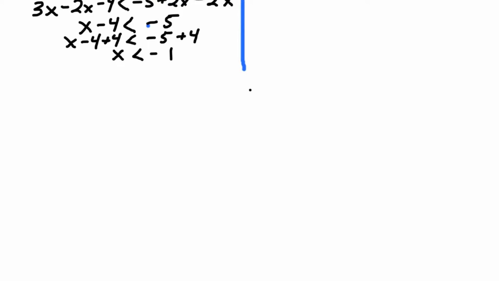Now watch what happens when I do the exact same inequality, but I'm going to get my x's on the right side instead of the left side, which is going to cause me to have a negative x term. So watch what happens here.